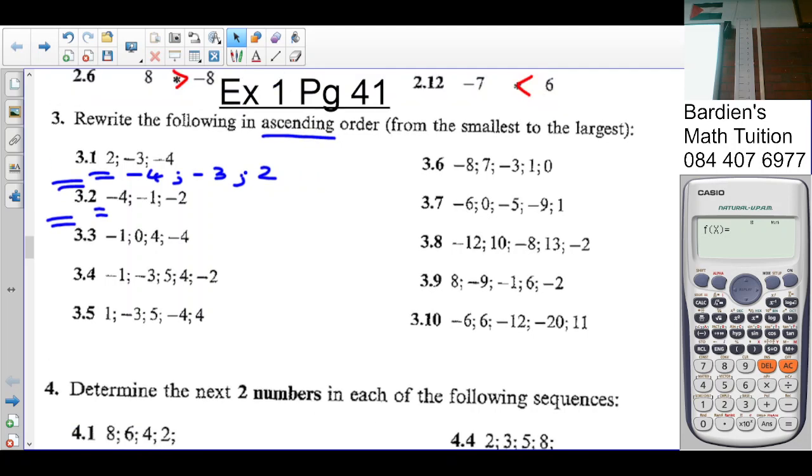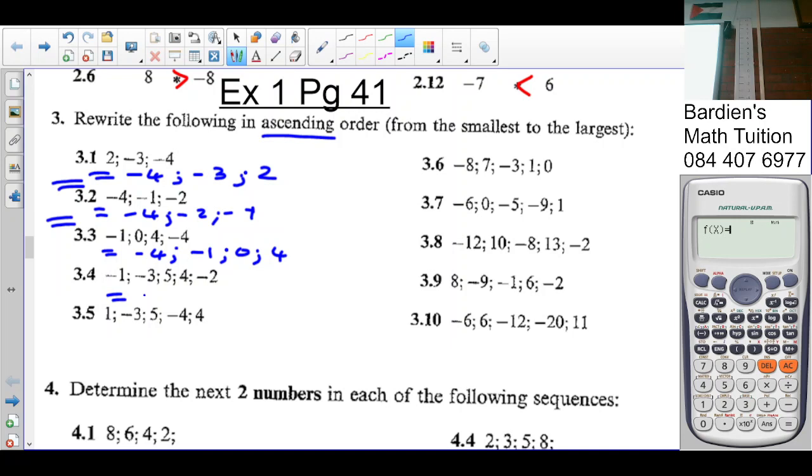Again, the question is to write in ascending order. So it's going to be negative 4, negative 2, negative 1. The next one is negative 4, negative 1, 0 and 4. The next one, negative 3, negative 2, negative 1, 4 and 5. The next one, negative 4, negative 3, 1, 4 and 5.